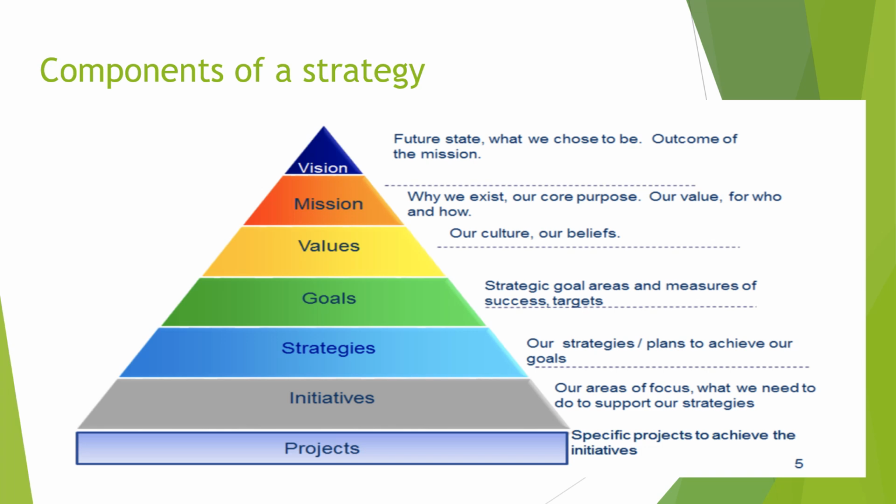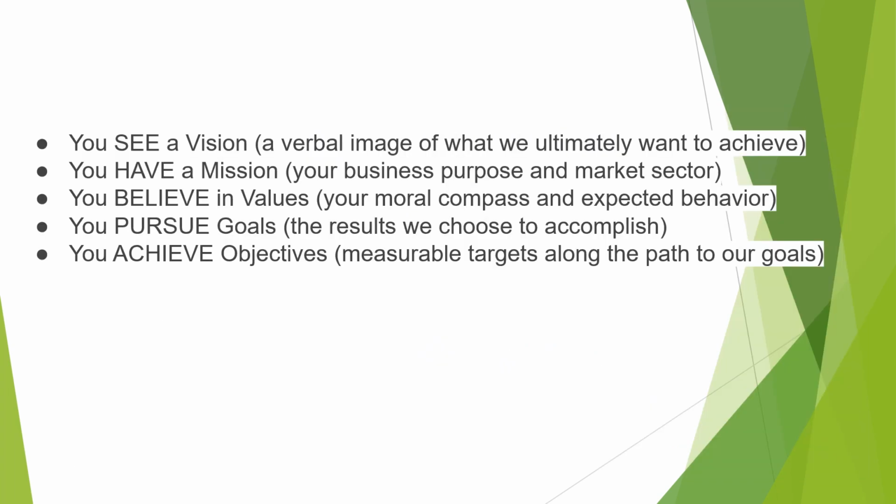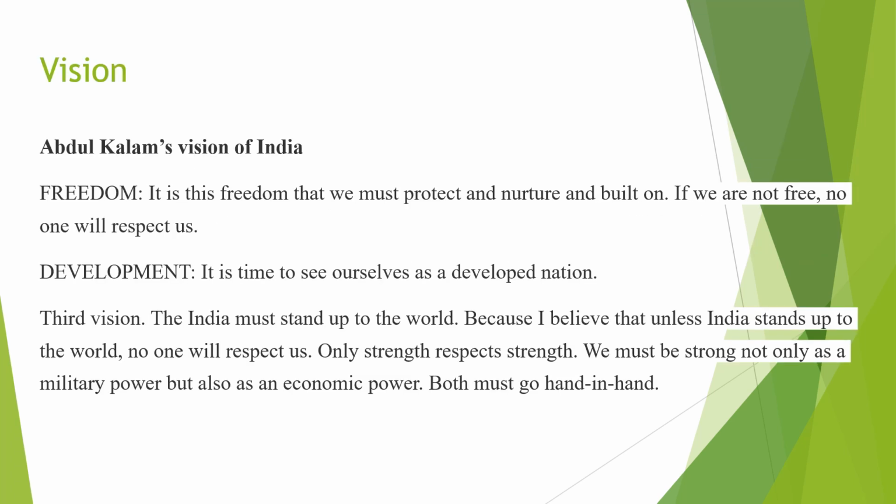So these are the various components of strategy. When we focus effectively on those components, at the end of the day we get a better strategy. So you see a vision, you have a mission, you believe in values, you pursue goals, and you achieve objectives. That is the end product. Every college has its own vision and mission statement.